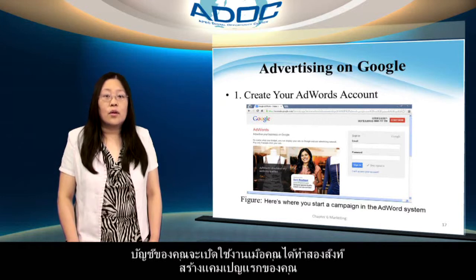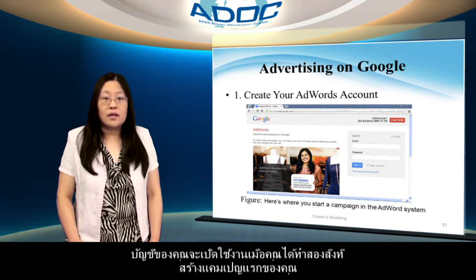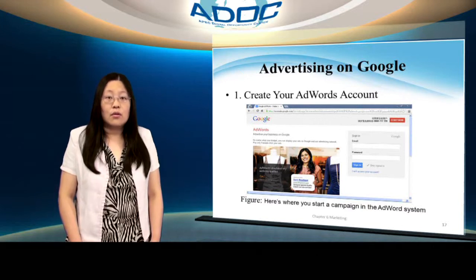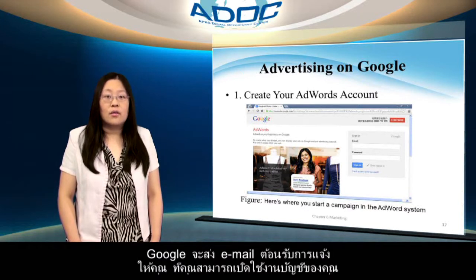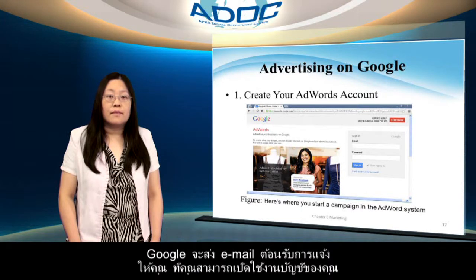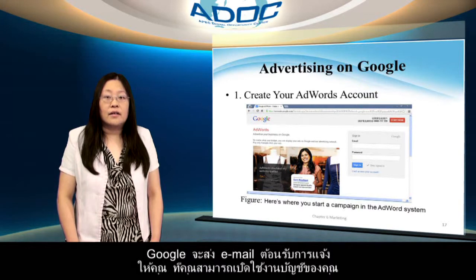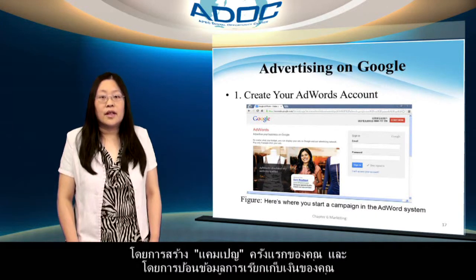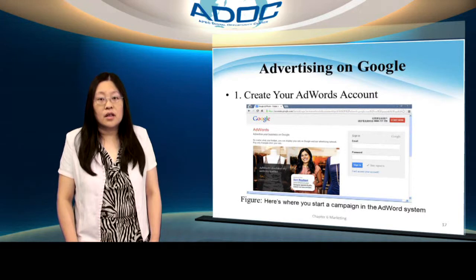Your account will be activated once you have done two things. Create your first campaign and enter your billing information. Google will send you a welcome email. You can activate your account by creating your first campaign and by entering your billing information.